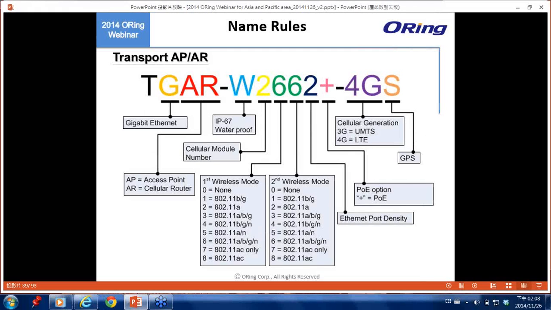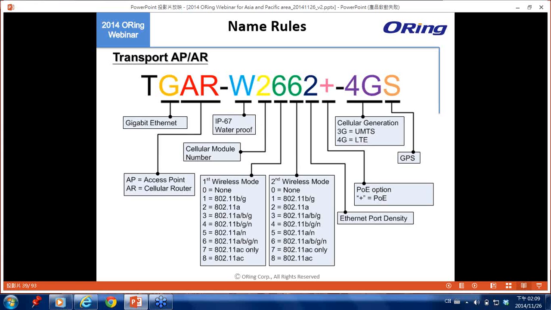For our wireless products, as you can see in the main visual for your reference, we have three types, meaning Ethernet, AP or AR, for different types of wireless products like access point or cellular router. For some of the models, we have waterproof, which means there will be a W in front of the model name, with an IP67 grade.